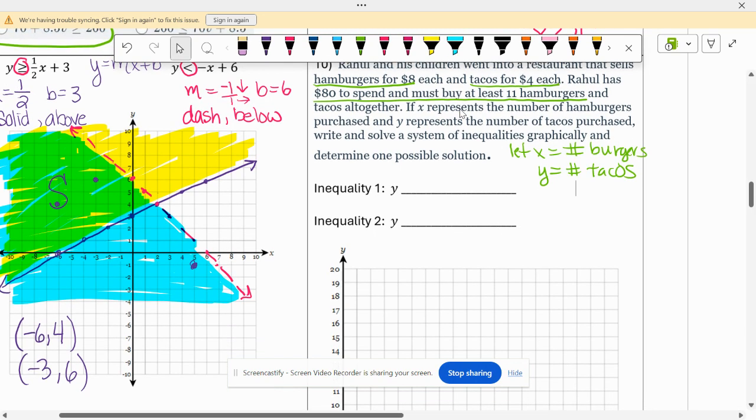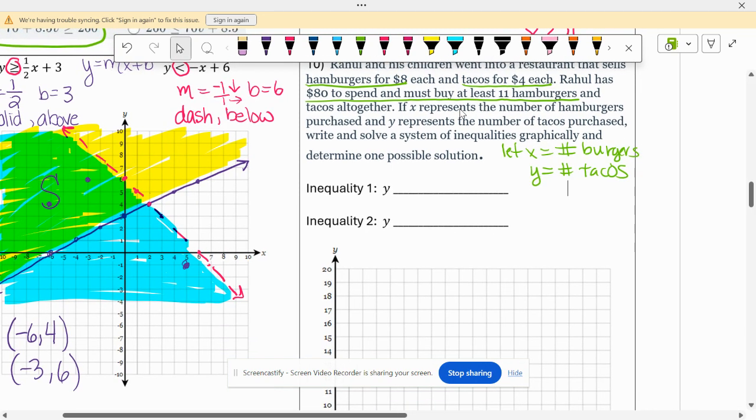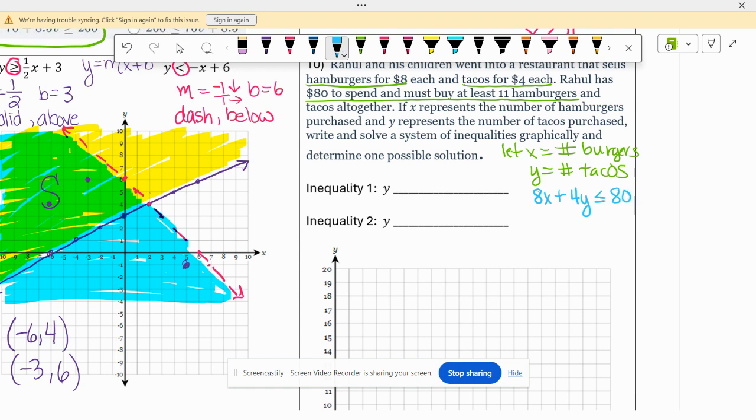What could I do for the first one? Well, remember when we learned about this, money plus money has to equal money, right? So how much is a hamburger? $8. So 8X plus how much is a taco? 4Y has to be less than or equal to $80. Money plus money equals money.